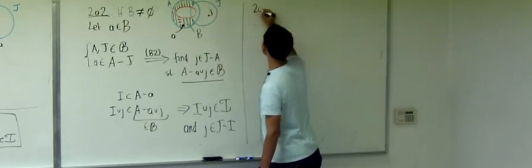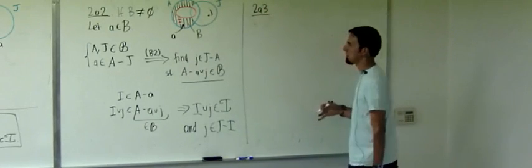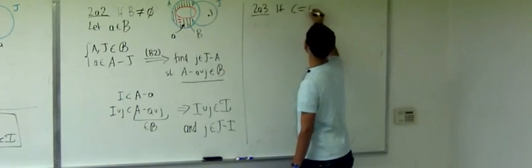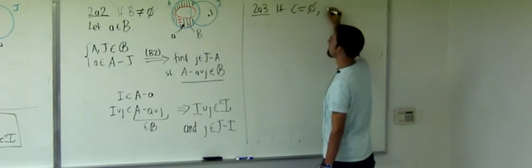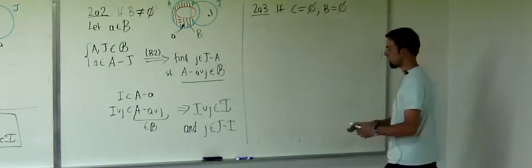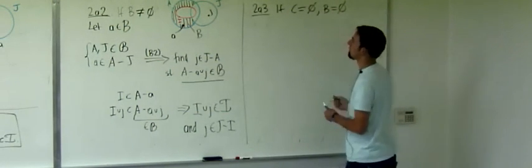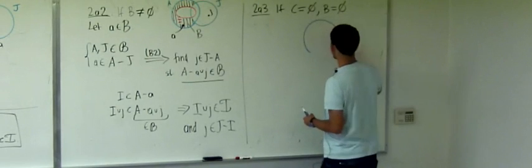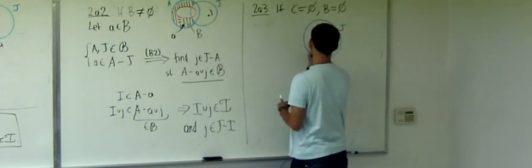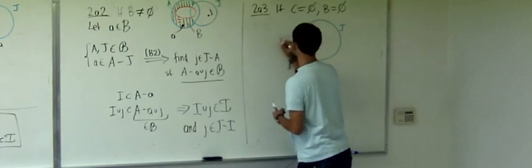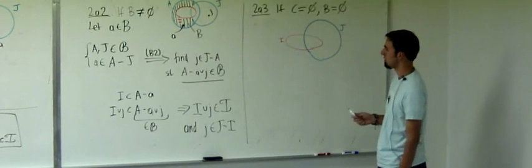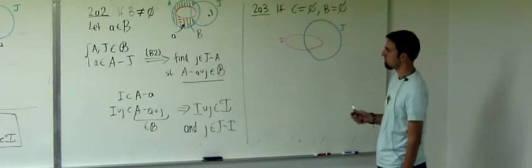So my third case is the negation of these two. Suppose that C is empty and B is empty. Let me draw my Venn diagram again. Here's J. Here's I. And you see, where is A?